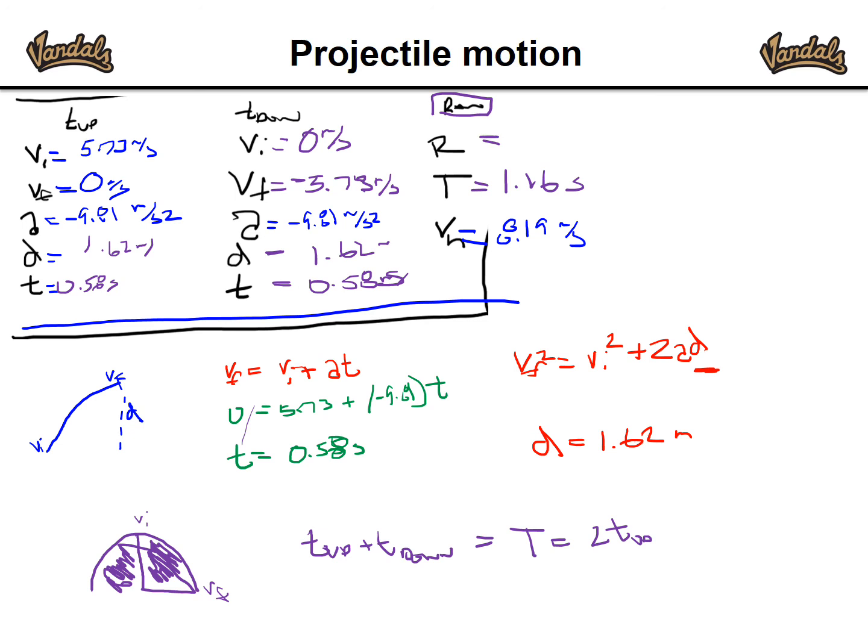Looking at the range equation from before, range equals horizontal velocity times t. I know both of these, so I can calculate how far I traveled in this path. That's our range, from this point to this point.